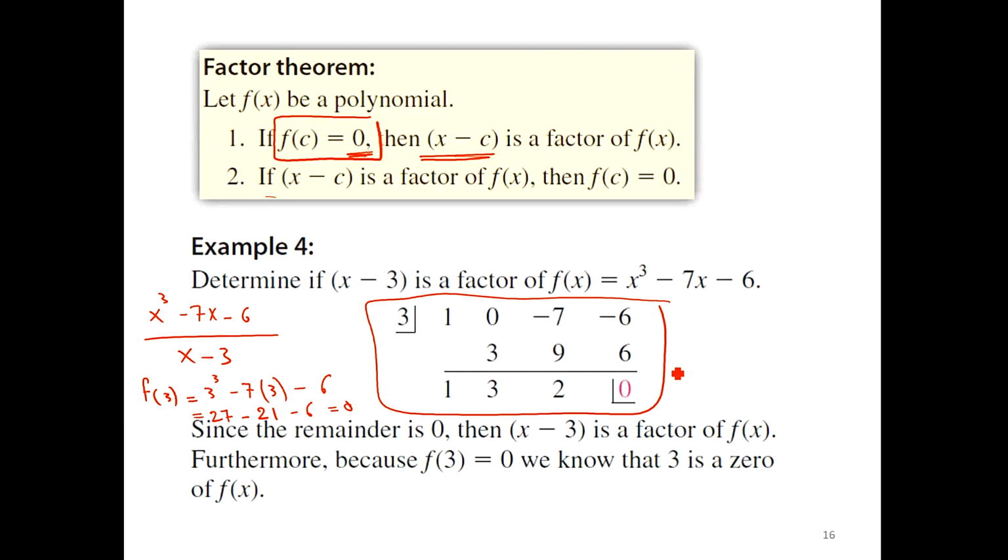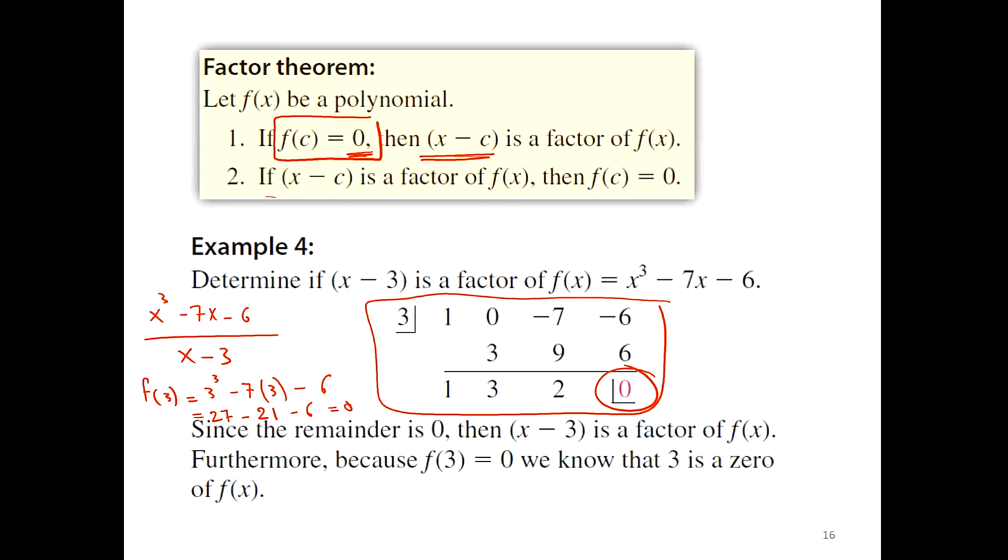So we can determine whether x minus 3 is a factor or not by substitution only, without using synthetic division. We can determine the factor in two ways: by synthetic division with remainder 0, or by substituting 3 in f of x.